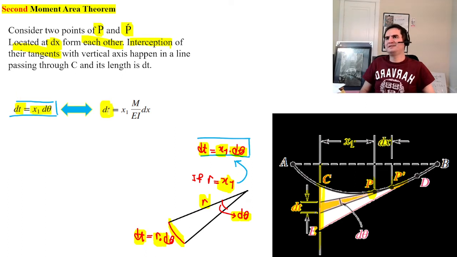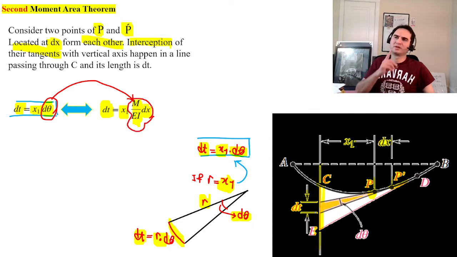From the first moment area theorem, d theta is M over EI dx, so dt is equal to M over EI dx times x1. This is just a replacement of d theta from the first moment area theorem.